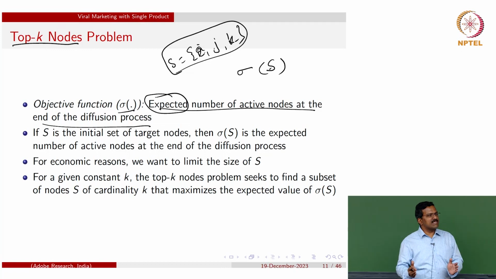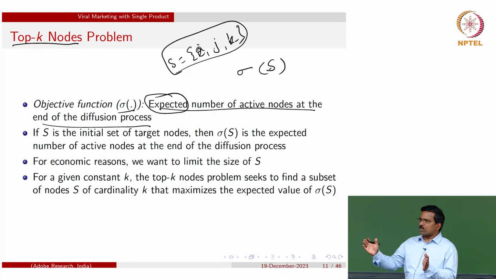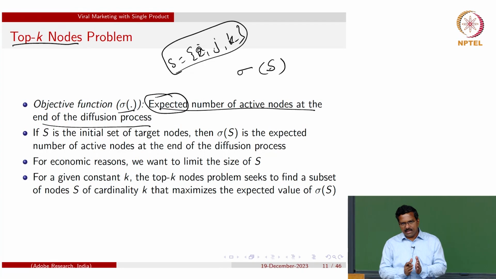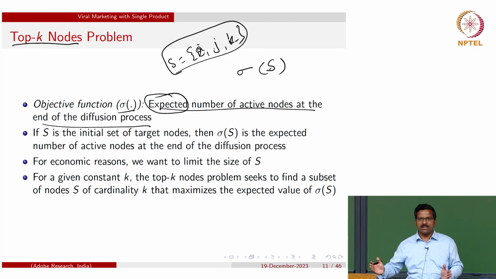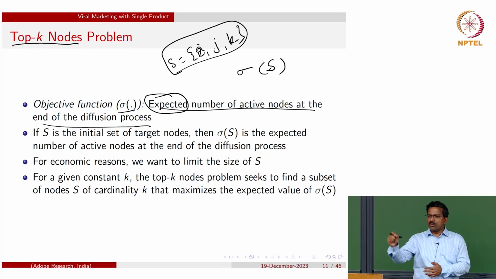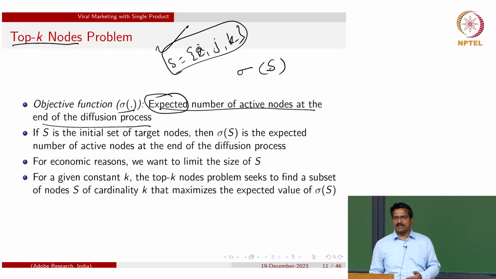In the first instantiation, for every node, you randomly select theta from the 0 to 1 interval. In the first execution, for the first node, that value can be 0.45. In the second execution, for that node, theta can be 0.75. In the third execution, it can be 0.69, like that. You fix the theta values for all the nodes in the first execution. For those fixed theta values, you calculate the spread if the nodes in S are activated.